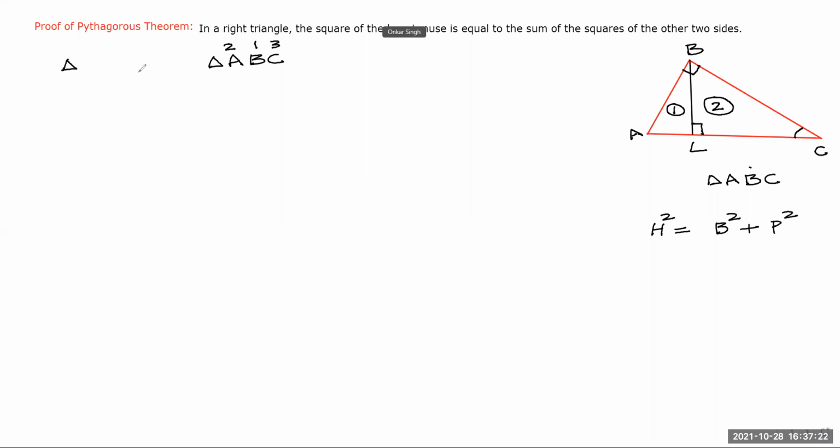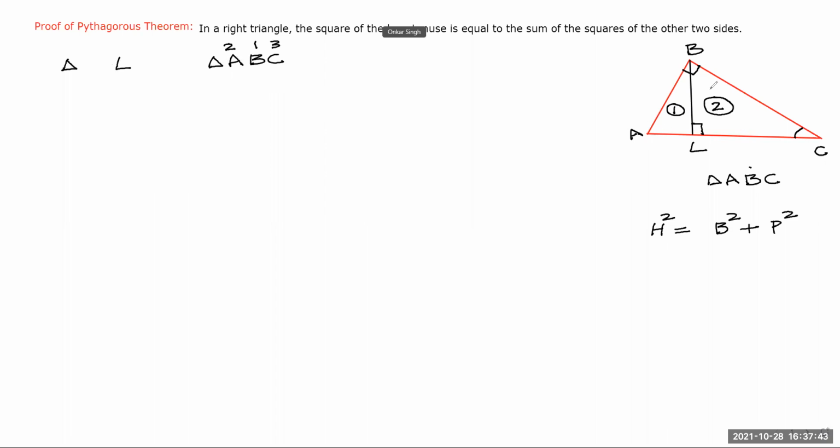Can anyone tell me how I should write this small triangle ABL so that it is similar to ABC? We know B is 90 degrees, and here L is 90 degrees, so L should be in the middle. Then the number 2 angle should be first.